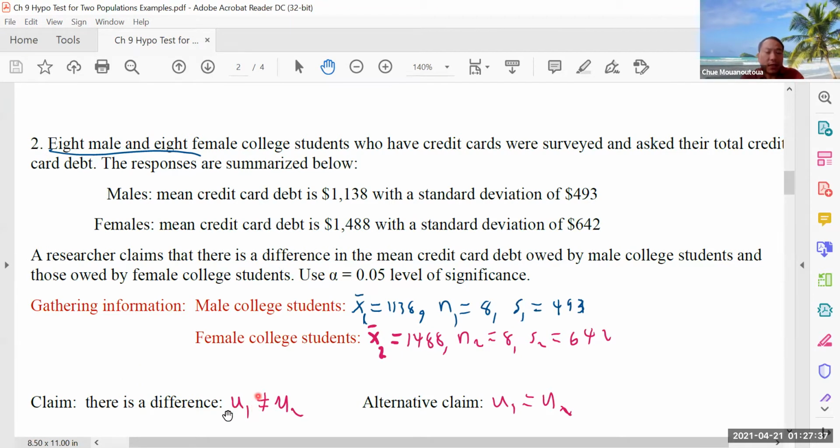So the average credit card debt by males is not the same as by females. That is your claim, so we use mu1 not equal mu2. The opposite says there's no difference in the average debt.